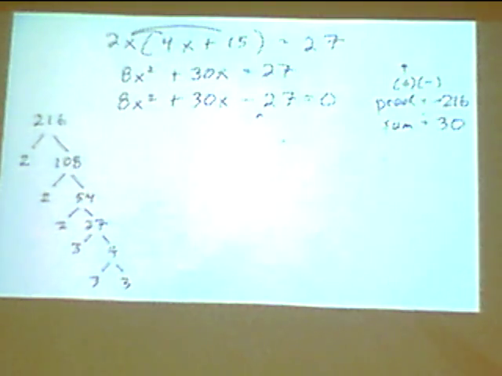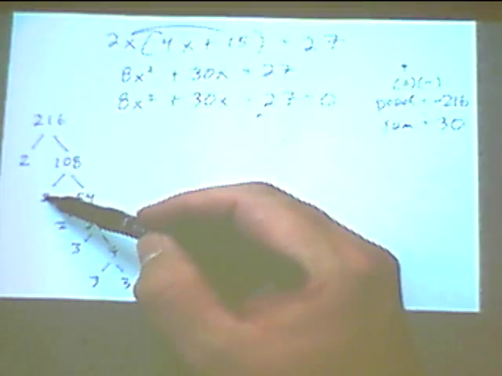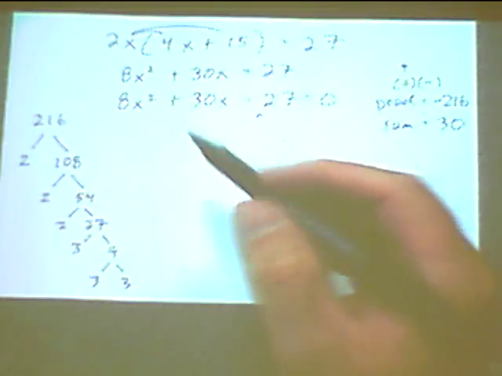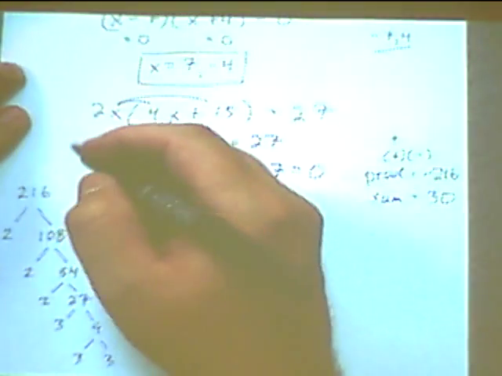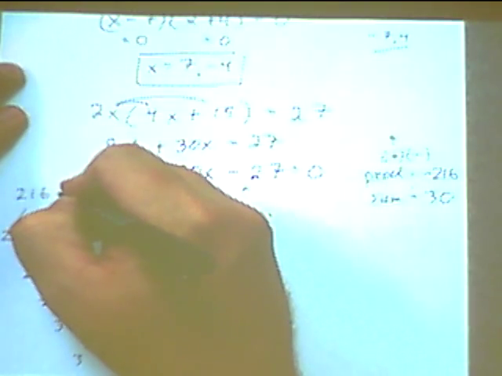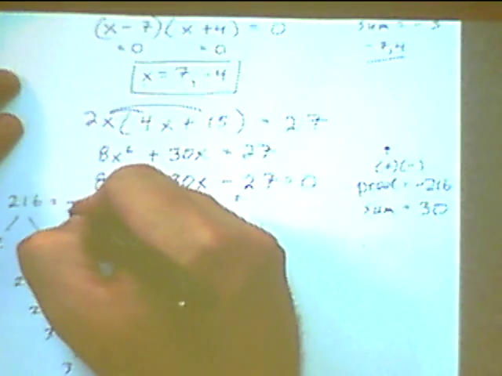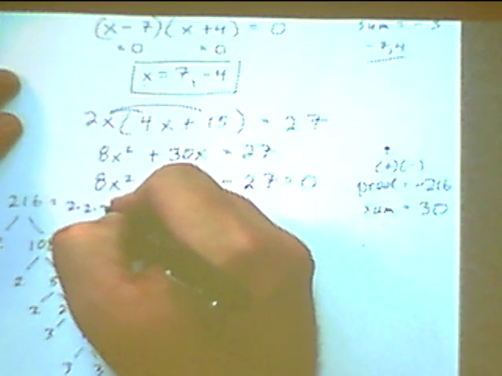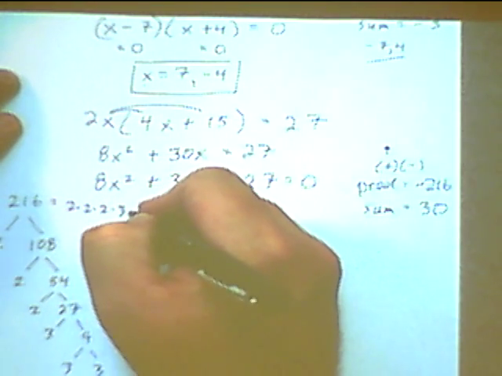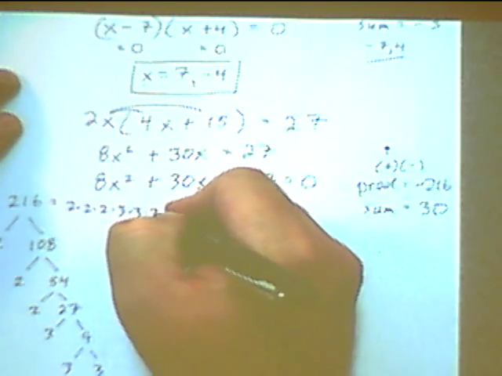Now what I'm going to do is collect all the numbers at the bottom of the branches, and this becomes what I call the prime factorization of 216. So I have 2 times 2 times 2 times 3 times 3 times 3.